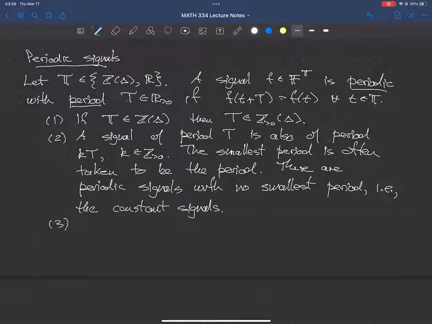Okay, just like we have spaces of signals, we also have spaces of periodic signals.